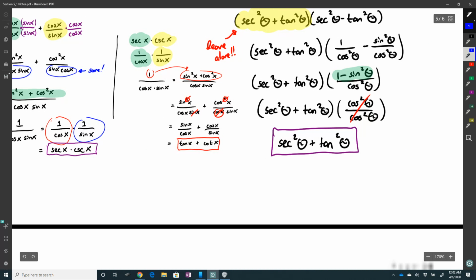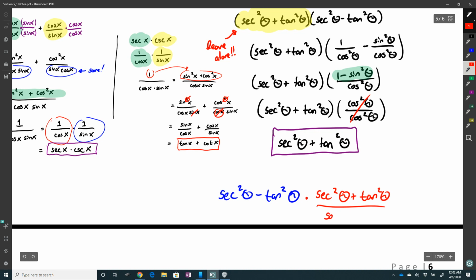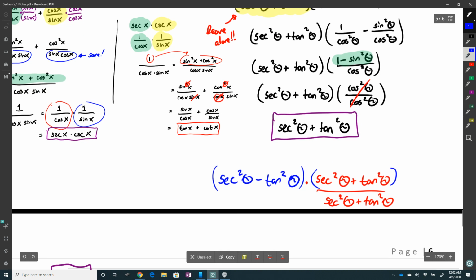If you were doing it the other way, like if that's what you started with, notice if you multiply by the conjugate, so if you multiply these two, notice that you get the to the fourths that we see on the other side.